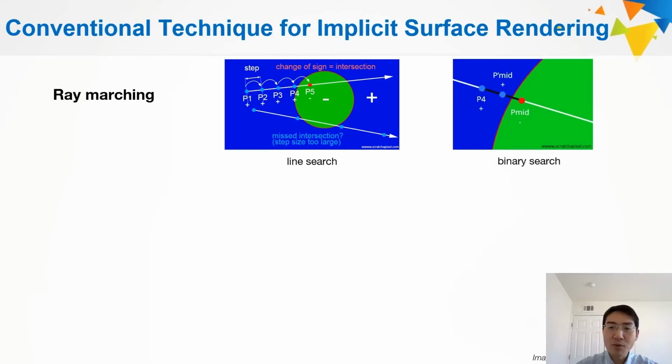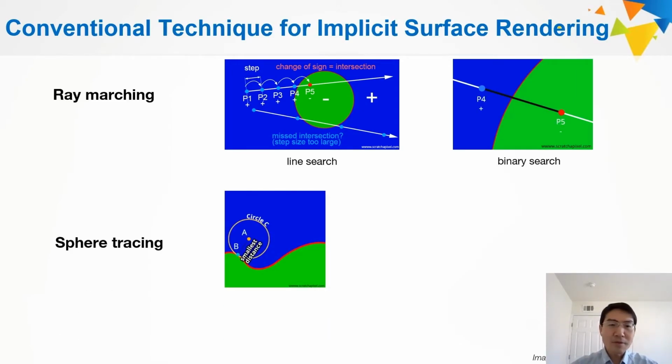After that, we use binary search to find where the surface is. But there may be some problems because we need to carefully select the step size. If it's too big, it may miss the intersection, and we will consider that this ray does not intersect with the sphere. So this will cause some error.